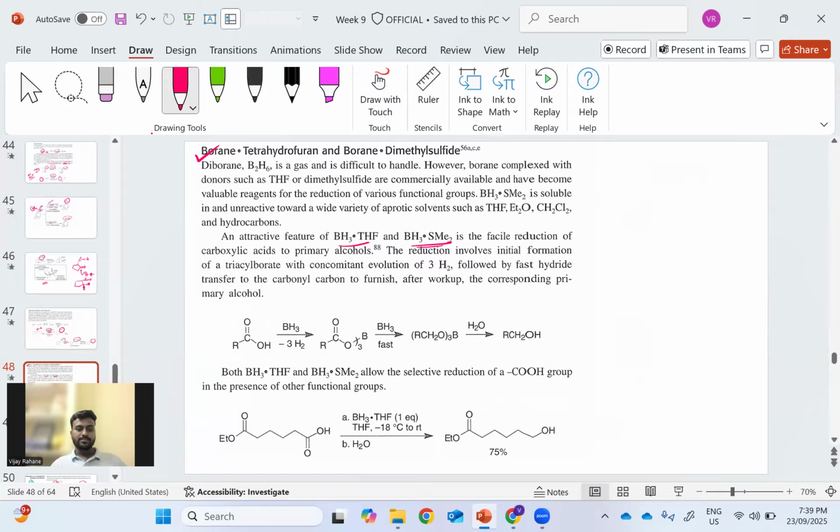So BH3 THF, when it reacts with the acid, it forms such an intermediate. Three equivalents of acid form a complex with the boron, and then this boron, that's the BH3, attacks on the carbonyl group to convert it into the.